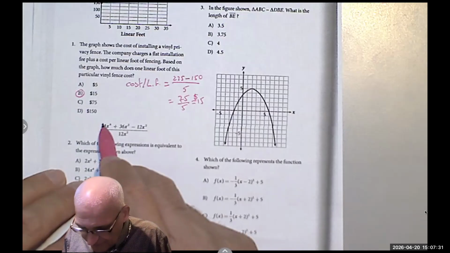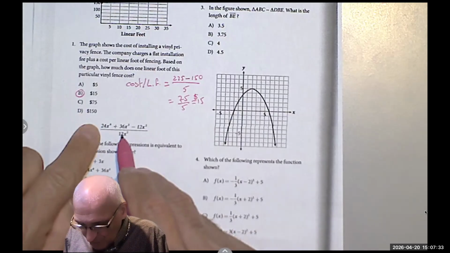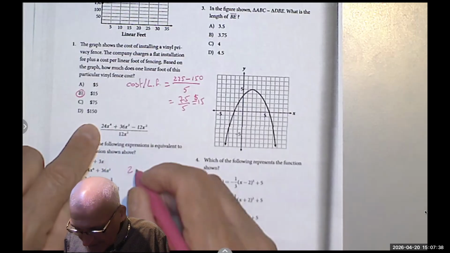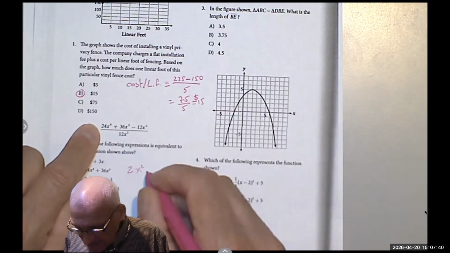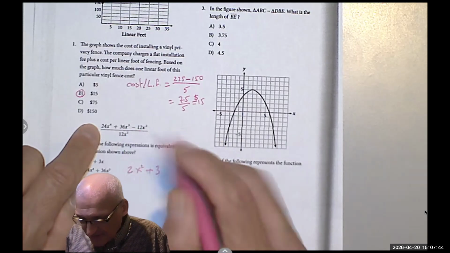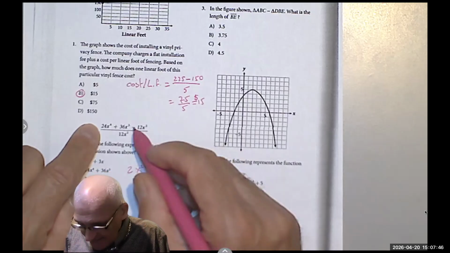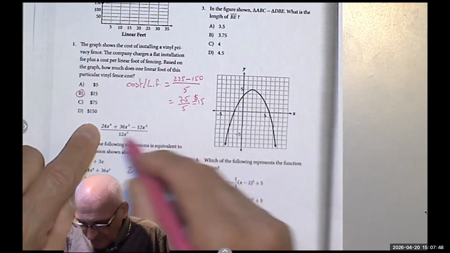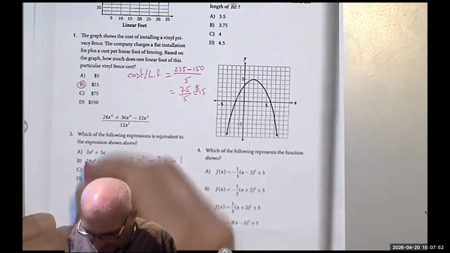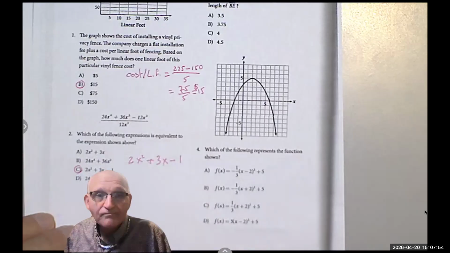So if I divide the first element, 24 over 12 is 2, x to the 4 divided by x squared is x squared, plus 36 over 12 is 3, x cubed over x squared is x. Negative 12x squared over 12x squared is 1, and that's C. Yeah, C. These problems shouldn't take long.